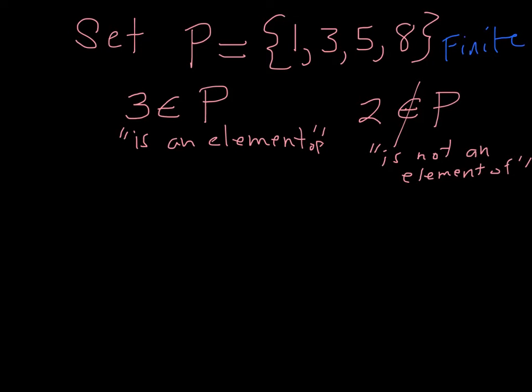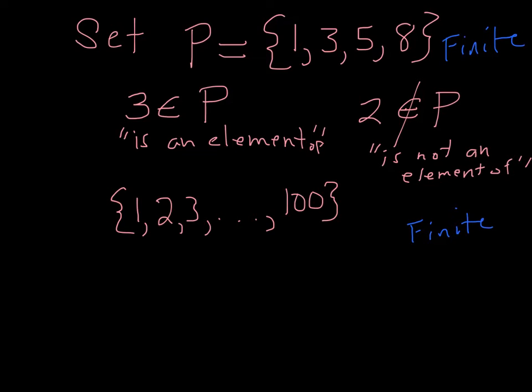But there are other sets that are also finite that are much larger than that. For example, maybe I'm looking at the set of numbers from 1 to 100. I can list them all if I wanted to take the time, but I'm just too lazy and I've got better things to do. So I'm going to list 1, 2, 3, and go all the way up to 100, but I don't want to write all those numbers, so I use 3 dots, and then a comma, and then 100.